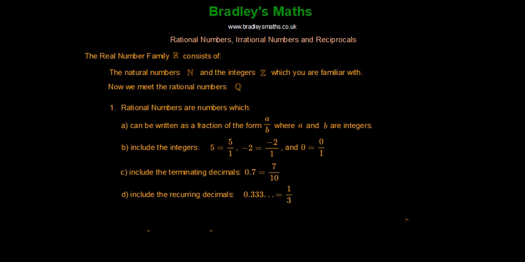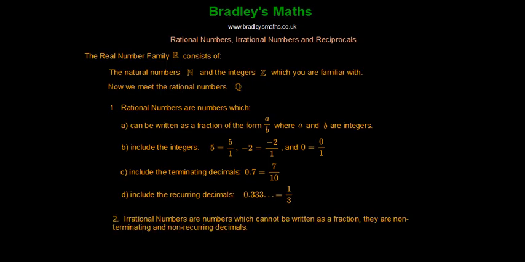There are some numbers that cannot be expressed as fractions. We started off with the real number family, which consists of the rational numbers, and a group of numbers which don't have a letter, and that group of numbers is the irrational numbers.